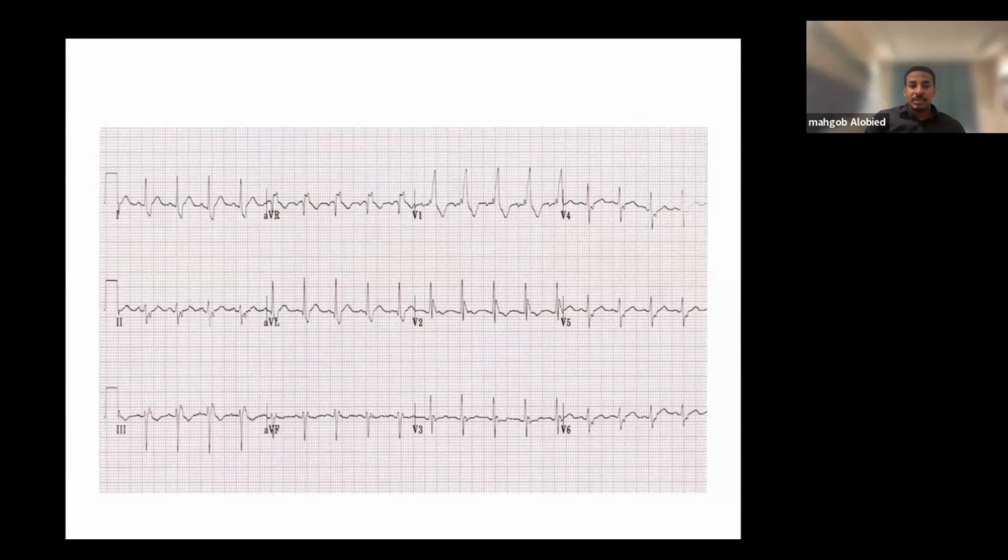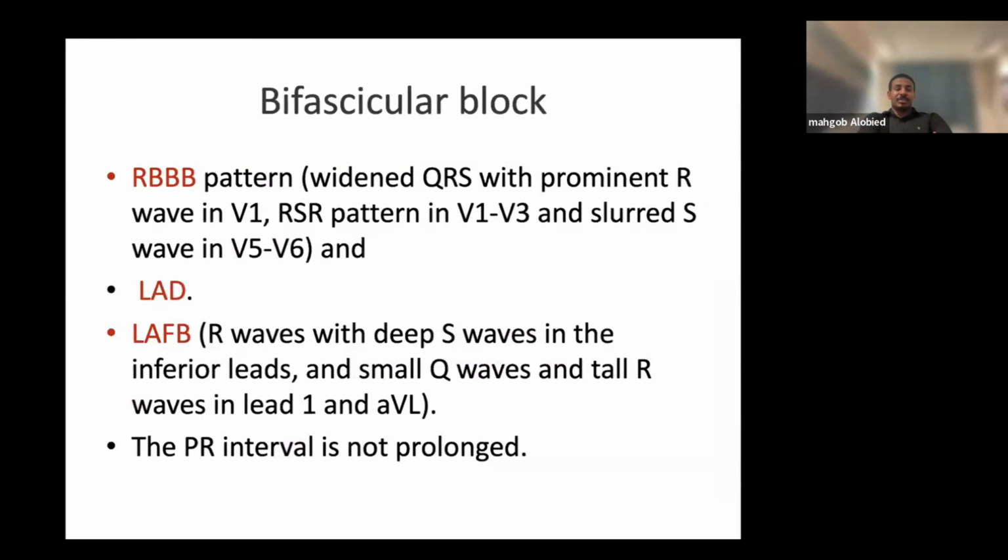Yeah, you're right. So yes, this is the abnormality in this ECG, showing right bundle branch block pattern as you described, left axis deviation and left anterior fascicular block.